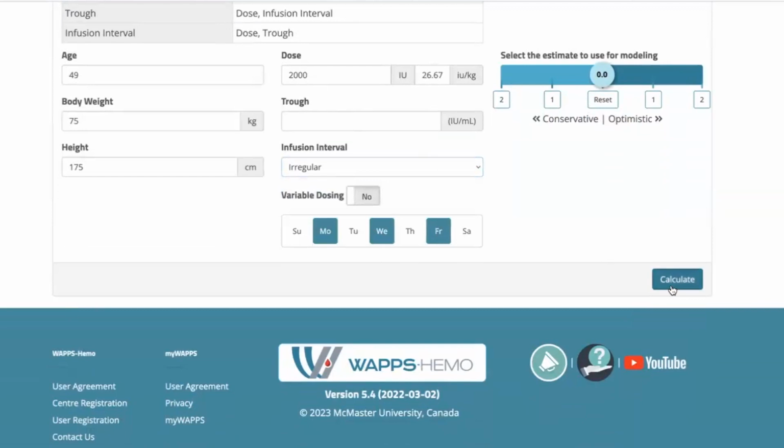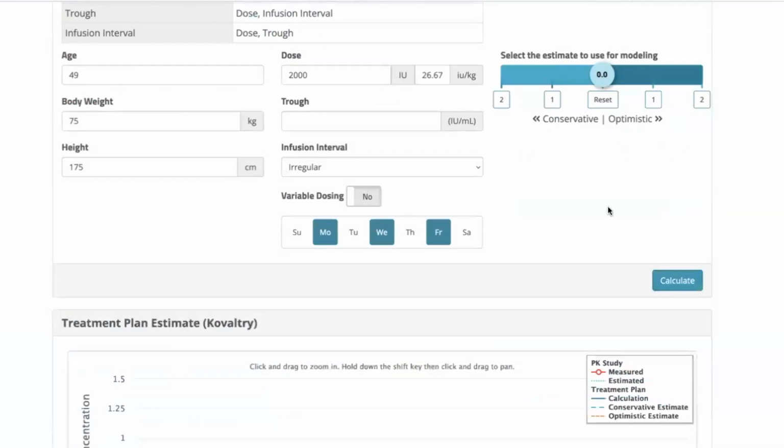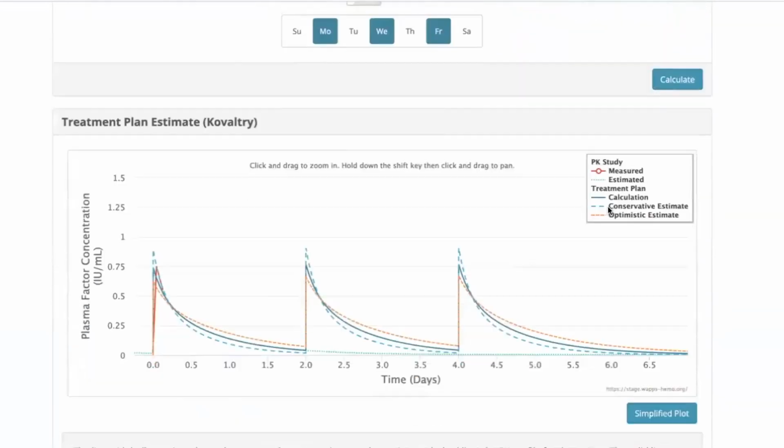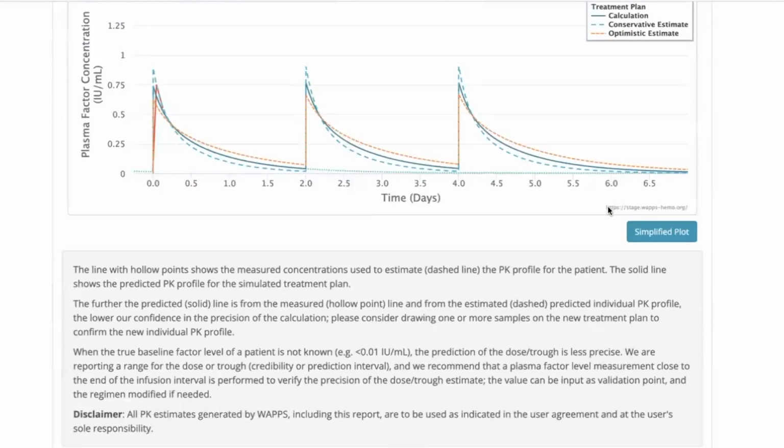The age is there, the body weight, the height, I can change if they are different, but in this case, let's assume they are the same. I only put the dose and the interval, and then I ask the system to calculate. And what the system does is calculate the profile for this patient on this treatment regimen.